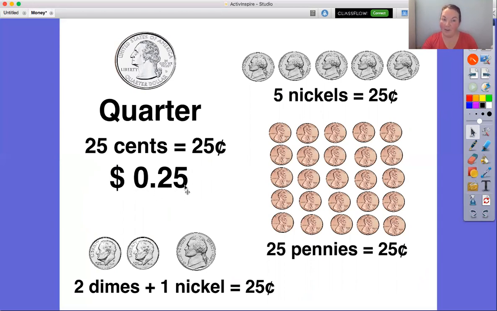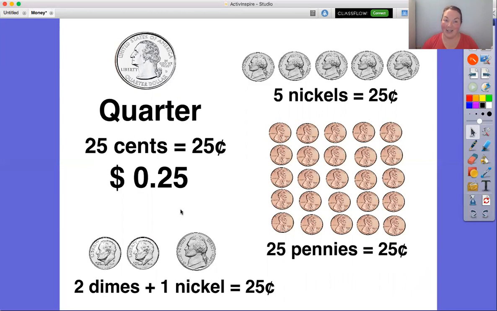Now, if I didn't have a quarter, what could I use instead? I could use 5 nickels, 5, 10, 15, 20, 25. 5 nickels, because they're each worth 5 cents, equals 25 cents. Pennies are each worth 1 cent, so I would need 25 pennies to equal 25 cents, right?